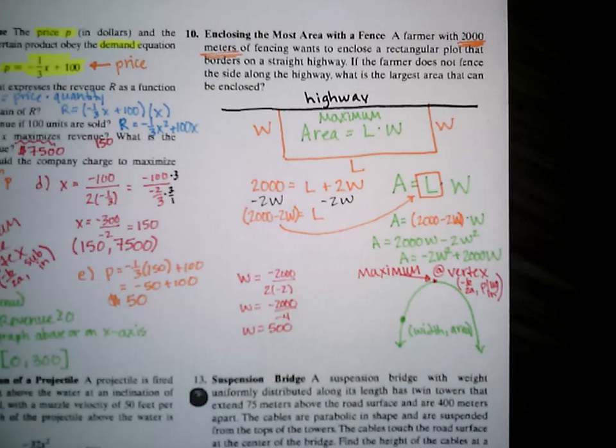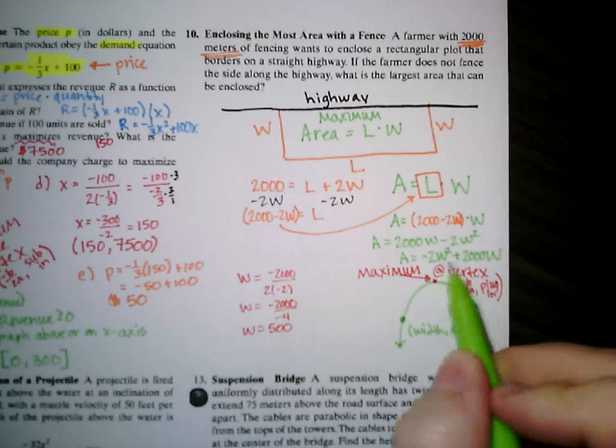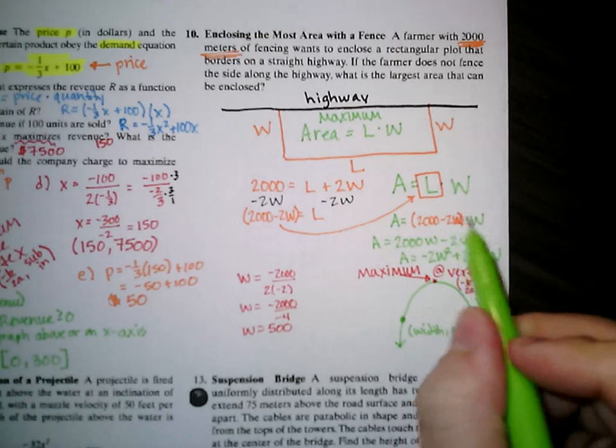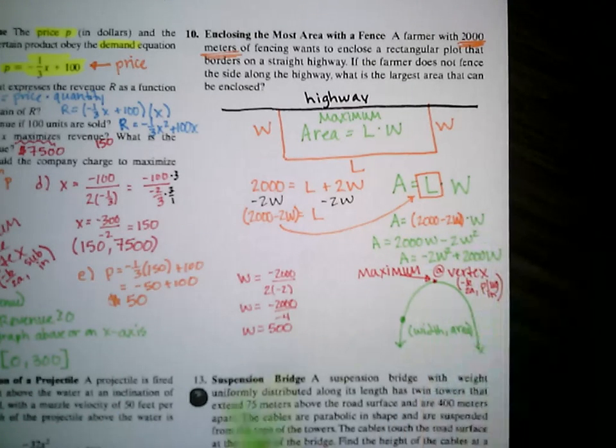Now they want us to give the largest area, so I'll take that value that I just got for w and plug it into my area formula, either this original one or this ending one.